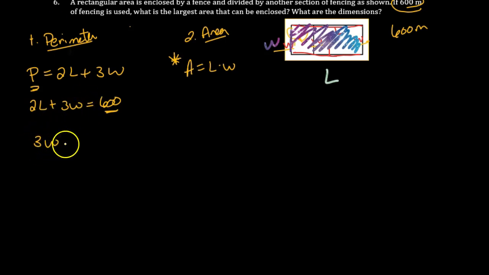So we're going to have 3W equals, and the goal here is to get W by itself. So we take the 2L, bring it over to this side. So it's 600 subtract 2L. Okay, it's not so bad. Then we need to get W by itself, so you divide by 3.